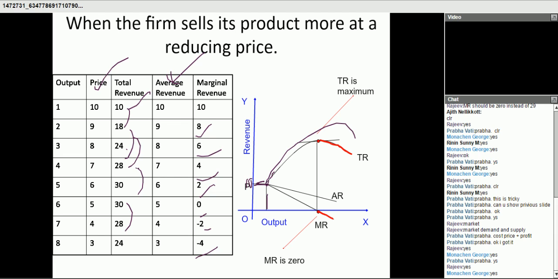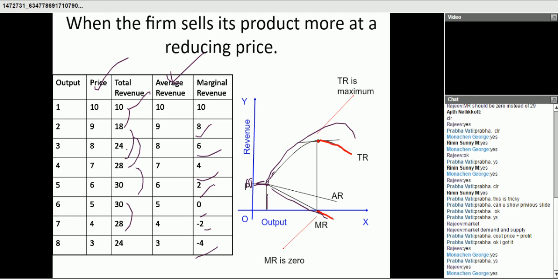So that is why we see that the average revenue curve is always above the marginal revenue curve. Because if you plot these points, we will get such curves. So this is the reason why the average revenue curve is always above the marginal revenue curve: because average revenue decreases but at a rate slower than that of the marginal revenue.